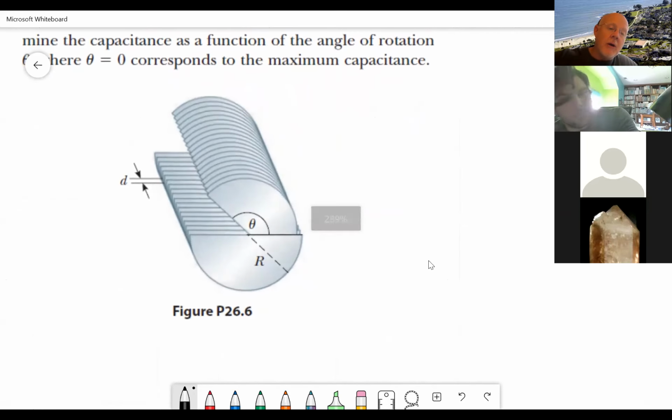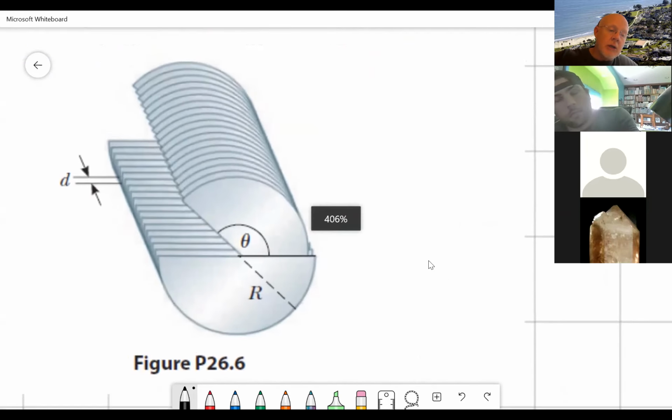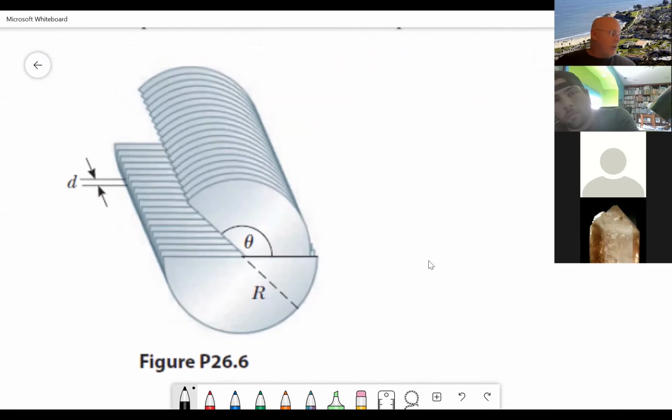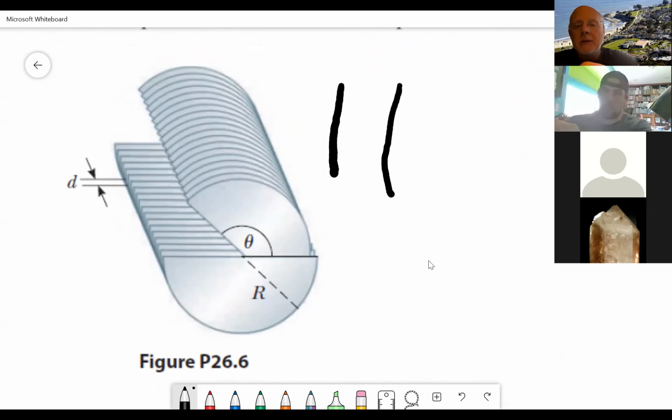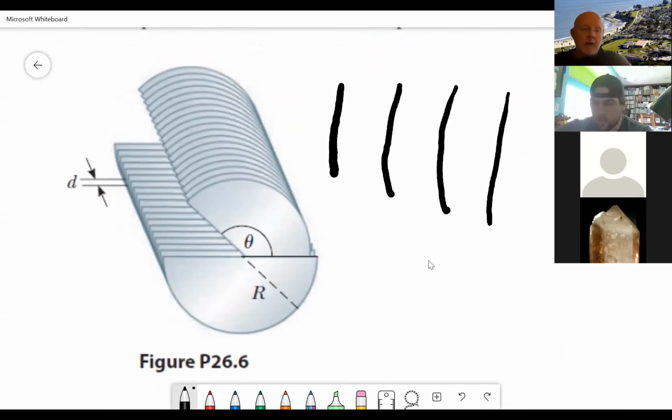All right, let me try to draw on this picture. I'm going to make it a little bigger and see if my drawing will help here. But what I'm trying to get you to see, maybe I'll do it on the side here, is I would have a plate and another plate and another plate and another plate. Those aren't very straight lines.